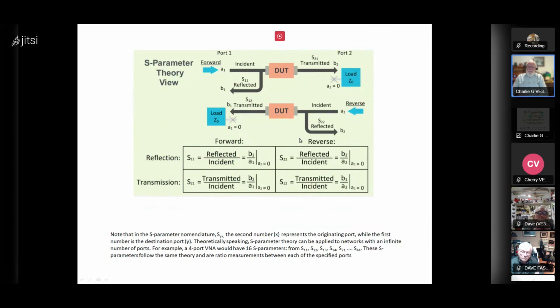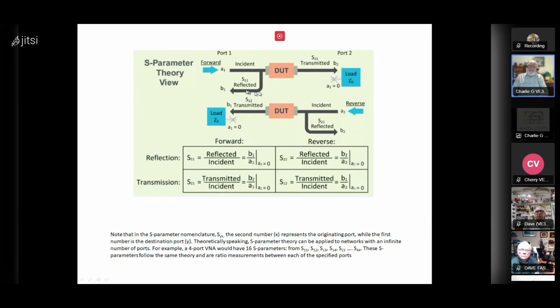Typically, as we mentioned earlier around the S parameters, if there are 2 ports and we're driving a signal, signals can be driven into either port 1 or port 2. Generally speaking, we'll drive a signal in from port 1, for instance, into the device under test.